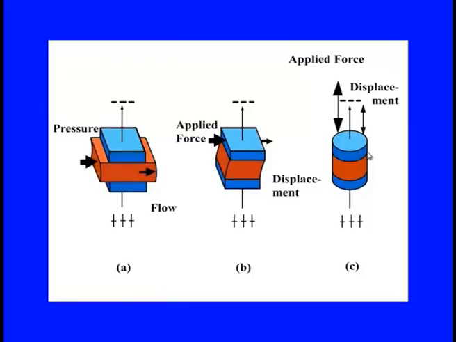So, you can see that all three modes can be shown here. With the flow mode, the valve mode, the fluid moves in this way, and the magnetic field is applied normal to it, and we get the flow features.